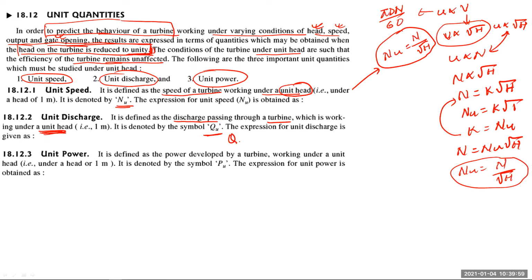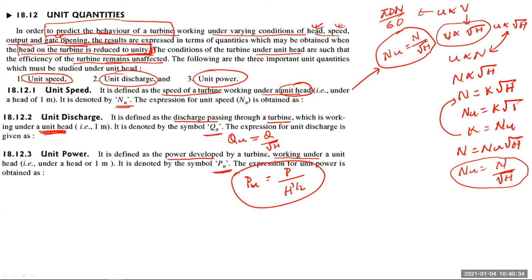So Qu is given by Q upon root H. Similarly, unit power is defined as the power developed by the turbine working under unit head, represented by Pu. This term you have to remember, working under unit head, that's it. So from here you will get Pu equals P upon H raised to 3 by 2. This is the only difference for the case of power.